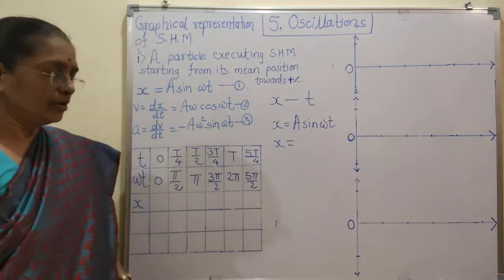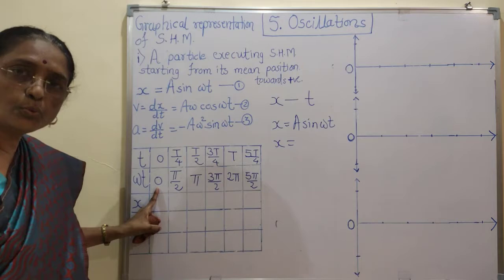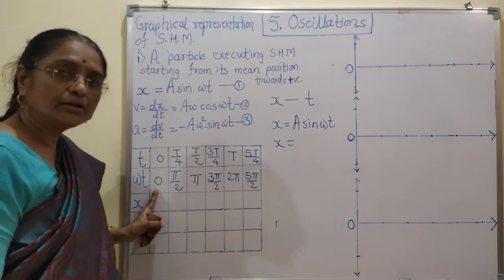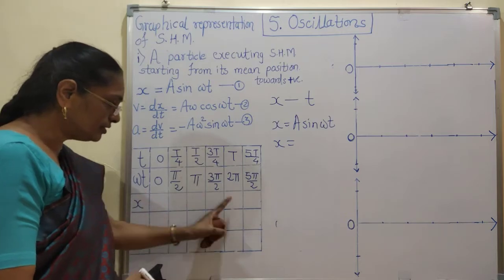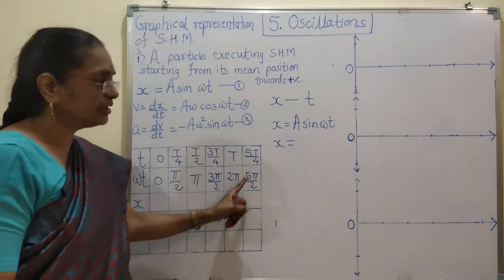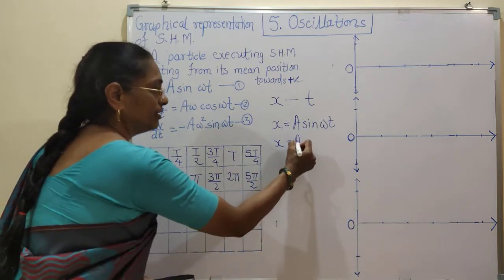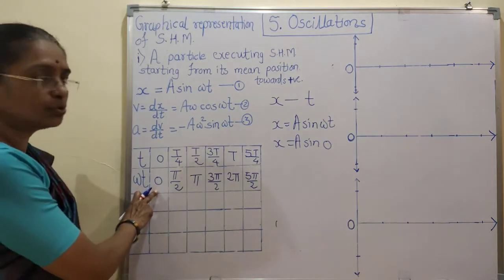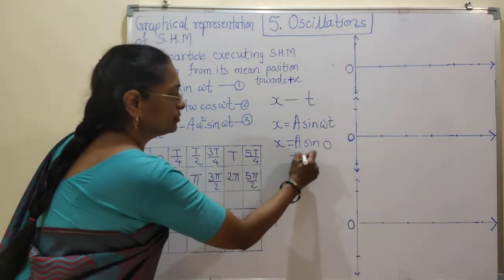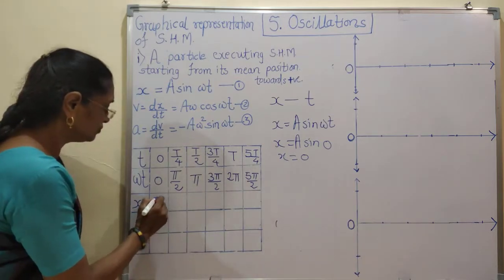First value of omega t is 0. So you try to understand that we have to complete this chart for x, then we can plot the graph. Here x is equal to a sin 0, omega t is 0, and sin 0 is 0, therefore x is equal to 0.